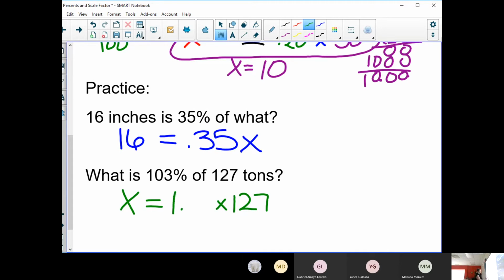Right, 1.03. So this would be our percent equation. X equals 1.03 times 127.